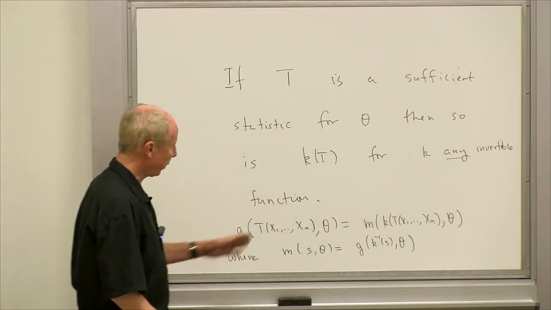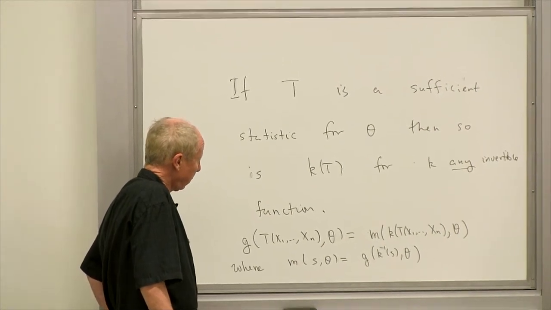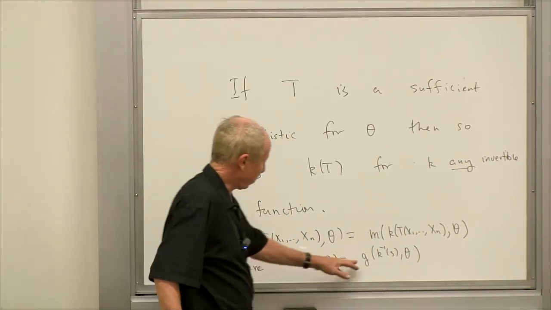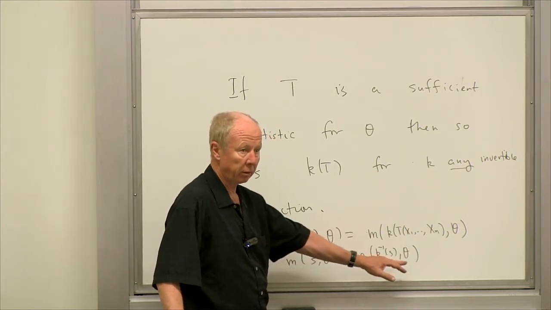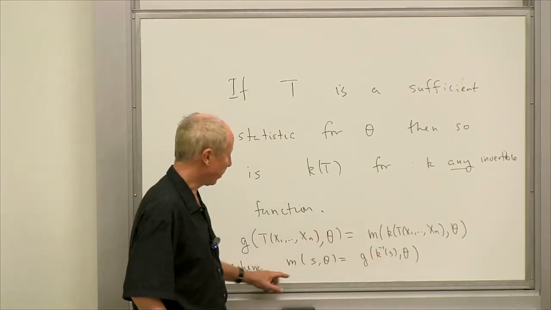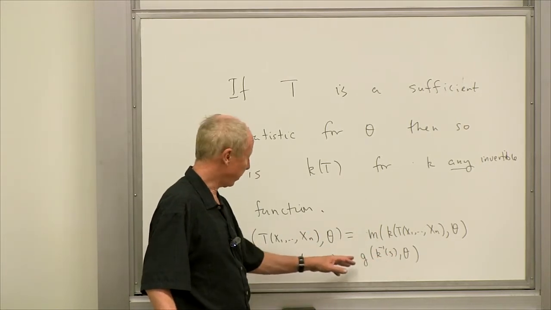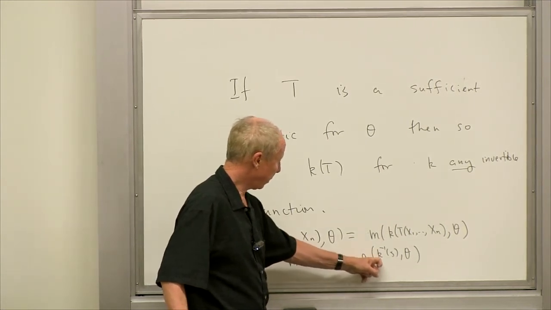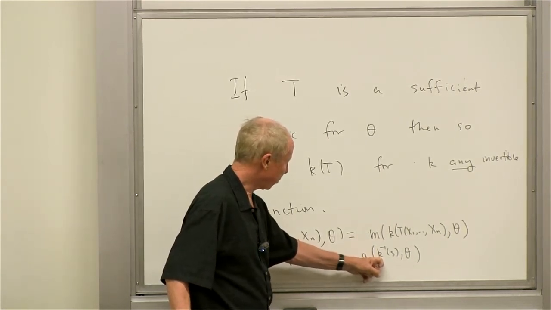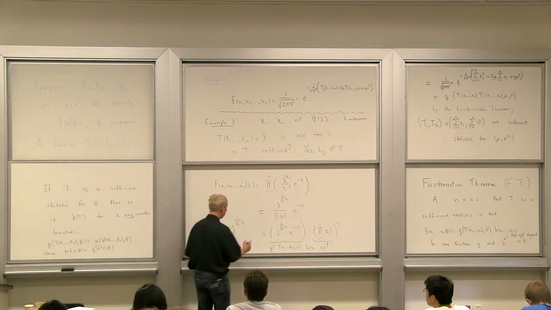K is a function which we can invert. So this is a well-defined function here, g of k inverse of s and theta. That gives me a function of s and theta, right? What variables do you see here? S and theta. So I defined m this way. It's g, which I already have, of some invertible function. Like here, what did we use?